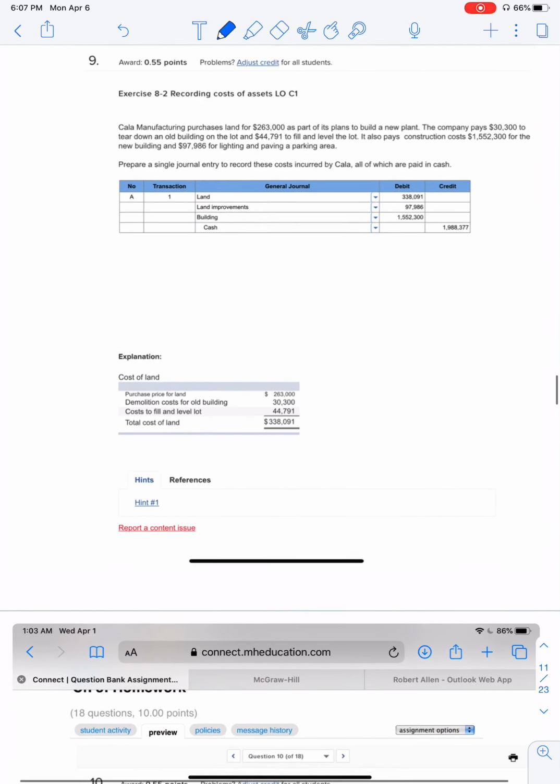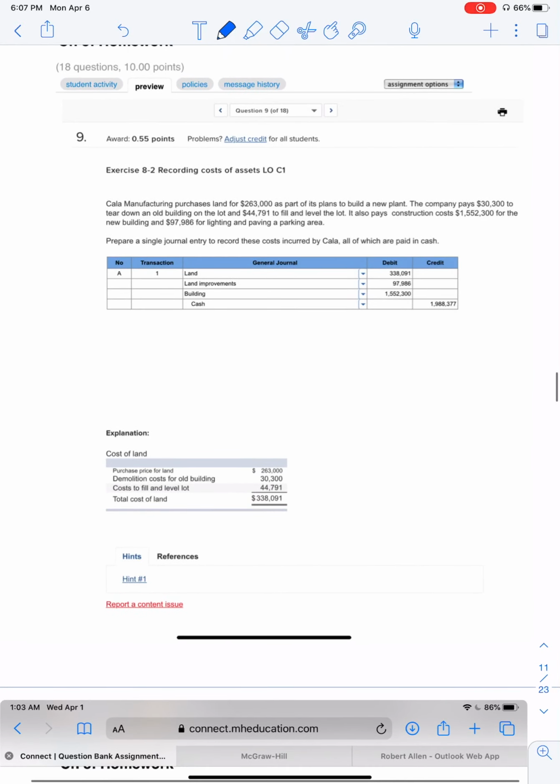Now for the next piece here, what we see is that Kayla Manufacturing purchases land for $263,000 as part of its plans to build a new plant. The company pays $30,300 to tear down an old building on the lot and $44,791 to fill and level the lot. It also pays construction costs of $1,552,000 for the new building, $97,986 for lighting and paving of a parking area.